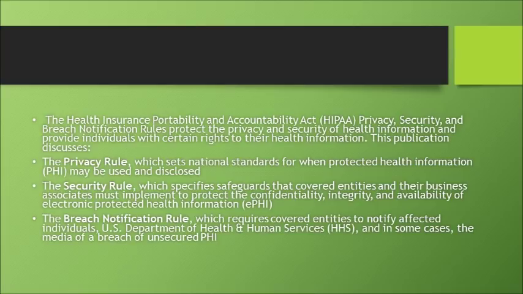This publication discusses the privacy rule, which sets national standards for when protected health information may be used and disclosed, the security rule, which specifies safeguards that covered entities and their business associates must implement to protect the confidentiality, integrity, and availability of electronic protected health information, and the breach notification rule, which requires covered entities to notify affected individuals, the U.S. Department of Health and Human Services, and in some cases, the media, of a breach of unsecured PHI.